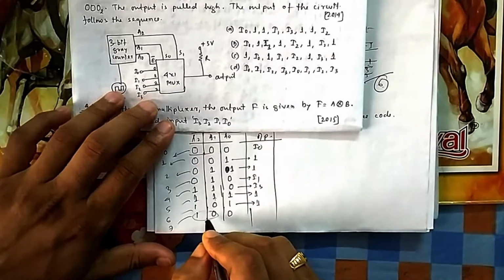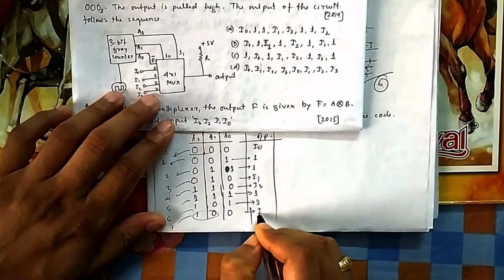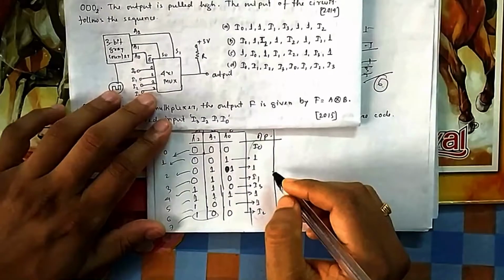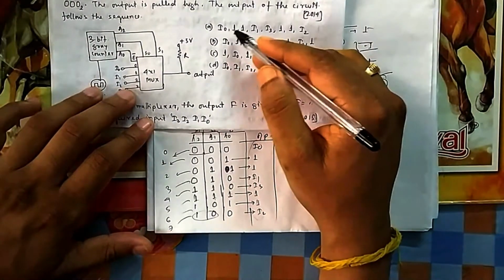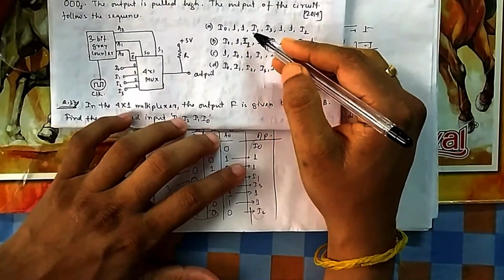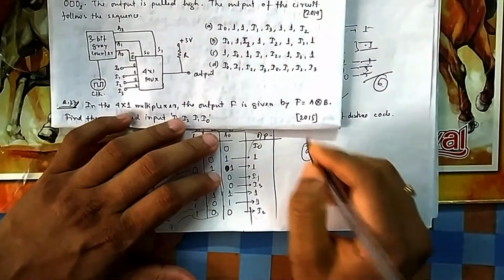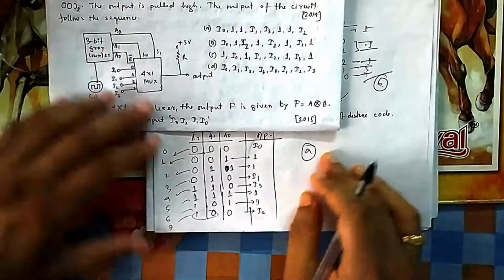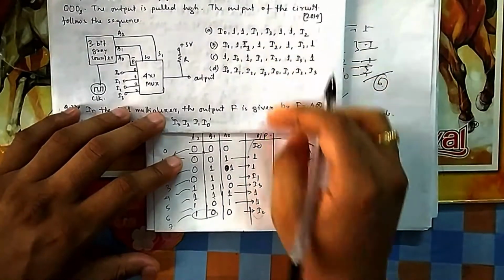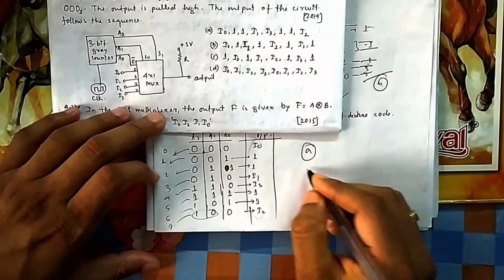And 1 0 means 2, so I2 will be connected to the output. So this is the sequence in which you will get the output: I0, I1, I3, I2. First 3 you check, then only you will get the answer. So this is your option A.